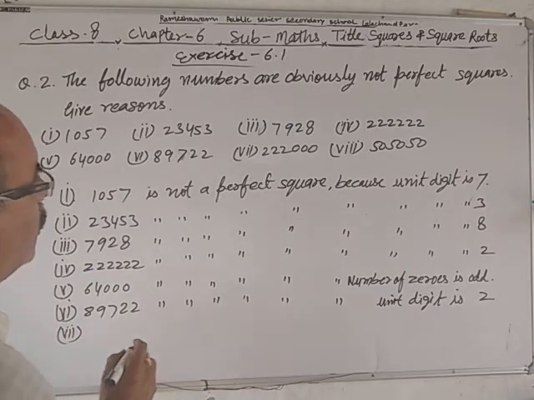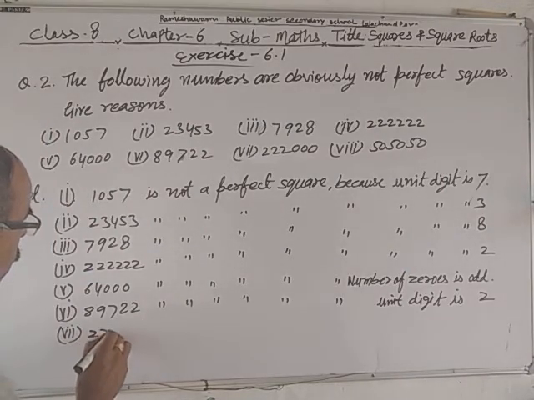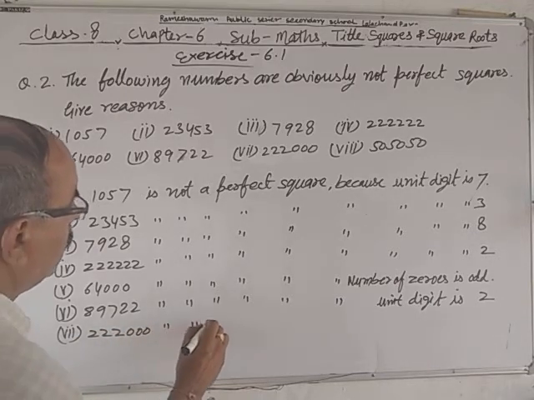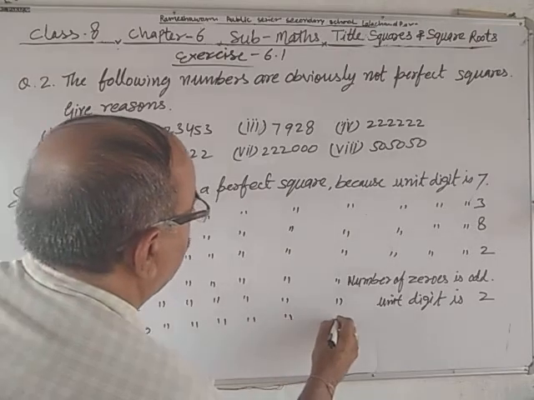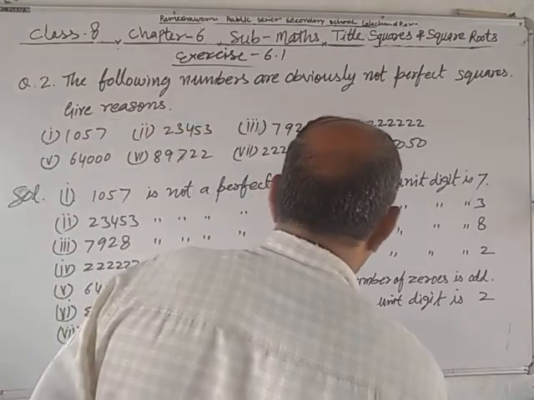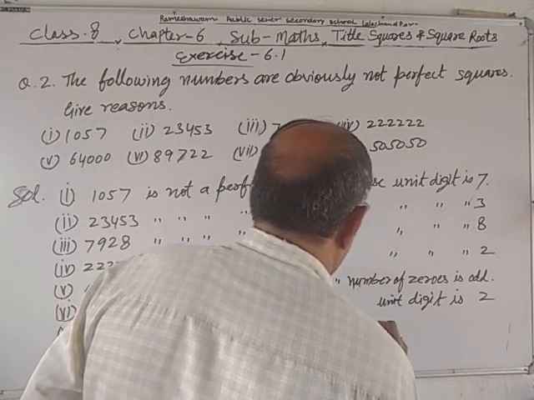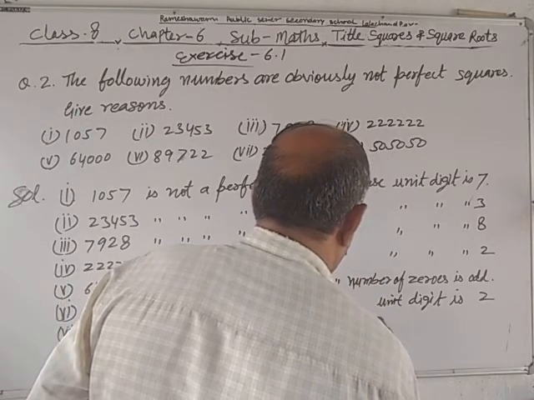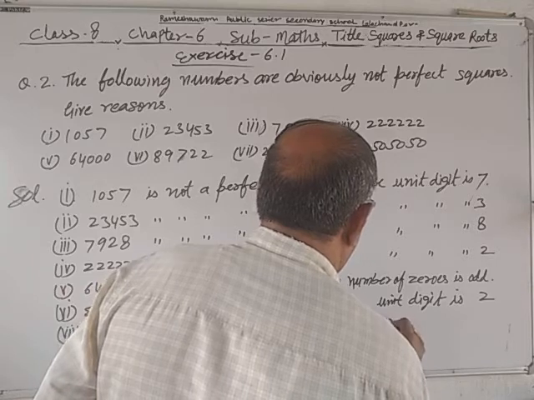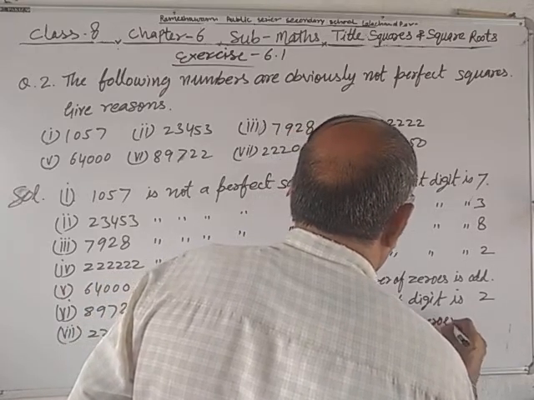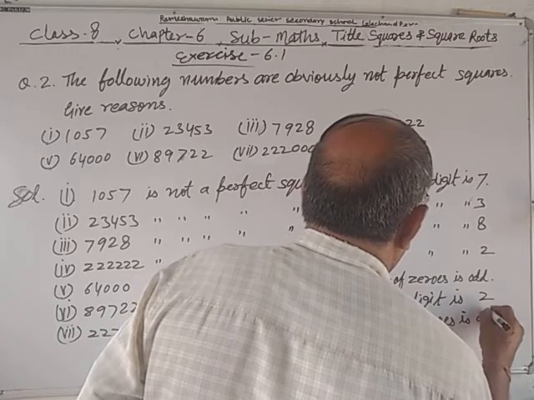Seventh is 222000 is not a perfect square because the number of zeros is odd.